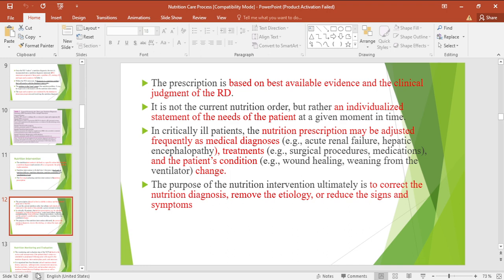But in critically ill patients, the prescription may be adjusted frequently as medical diagnosis, for example, acute renal failure, hepatic encephalopathy treatment, such as the surgical procedures and also the patient's condition. So the purpose of our intervention is to correct the nutrition diagnosis, to remove the cause and reduce the signs and the symptoms. That has to be your main focus.